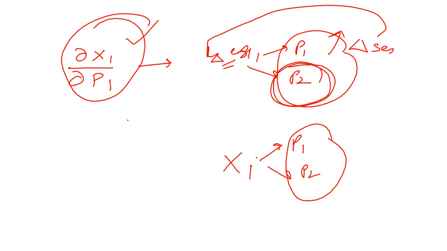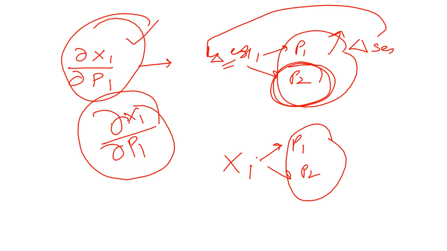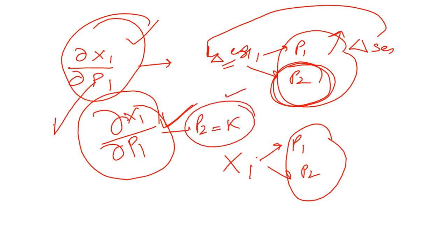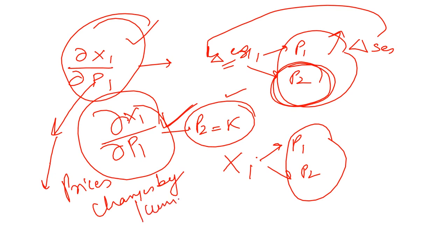But the moment I talk about del x1 by del p1, because when you talk about change you have to keep other things constant, you are keeping P2 constant. So del x1 by del p1 shows how my quantity demanded changes if my price changes by 1 unit.